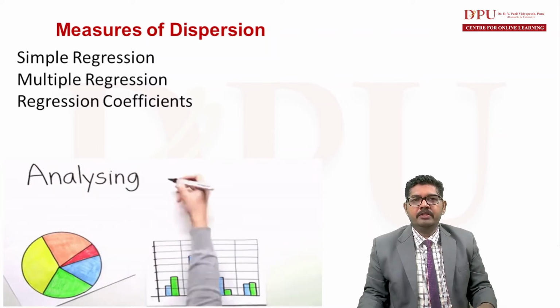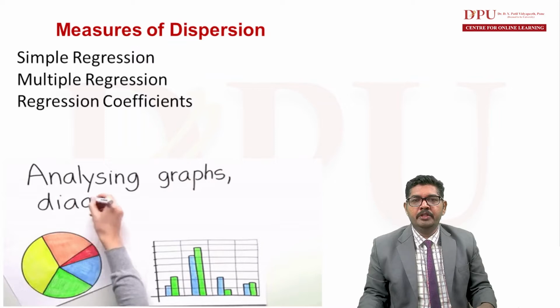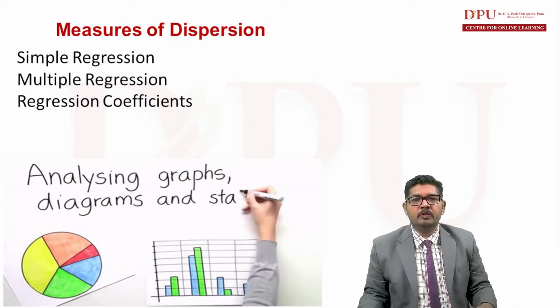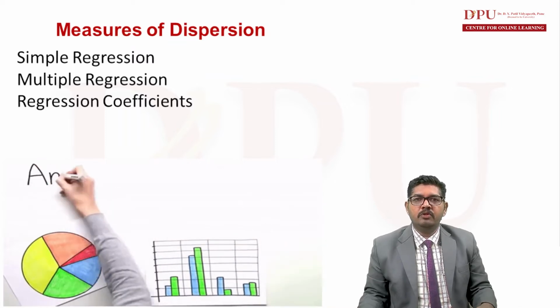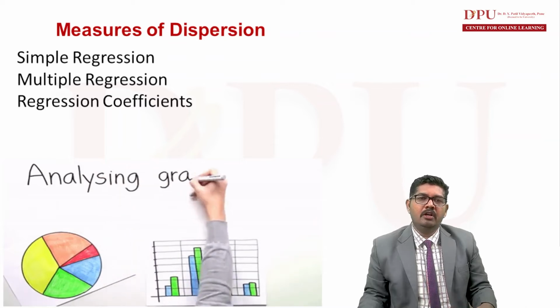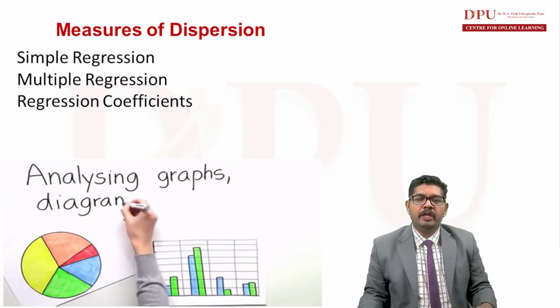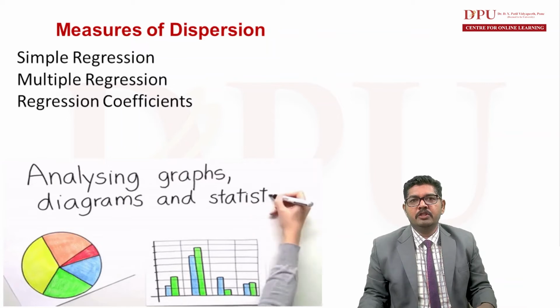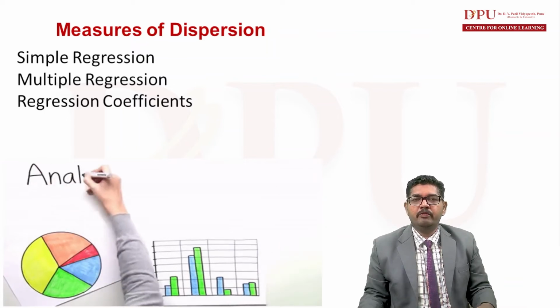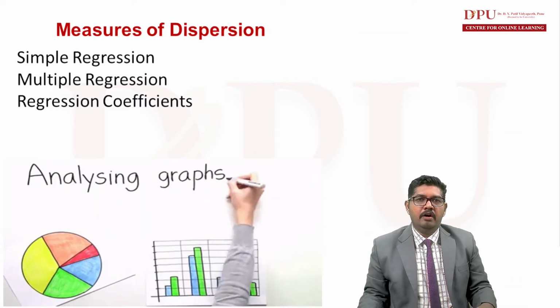Then we are going to discuss various regression coefficients. There are various methods of obtaining the lines of equation, lines of regression, and how they can be used in various business situations. All these things we are going to discuss in today's recording.